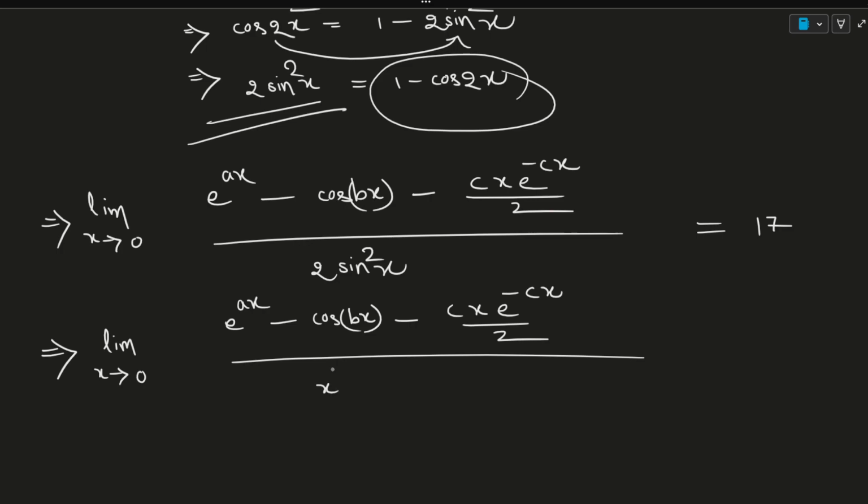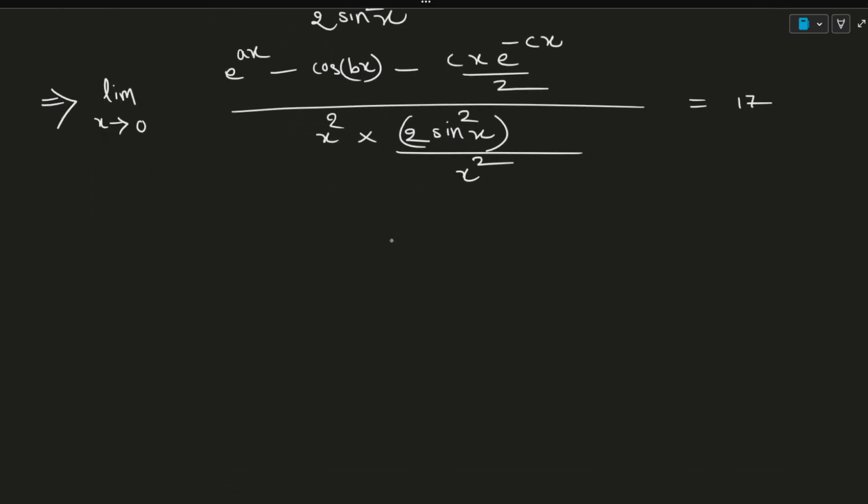Then by using the standard trigonometric limit formula, this one will tend to 1 when x tends to 0.